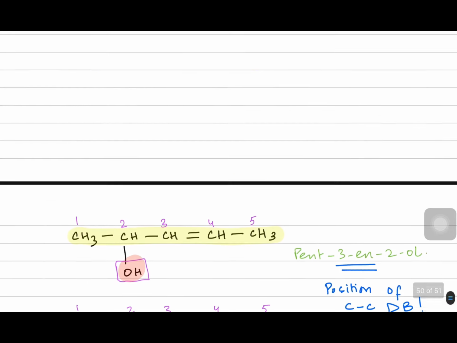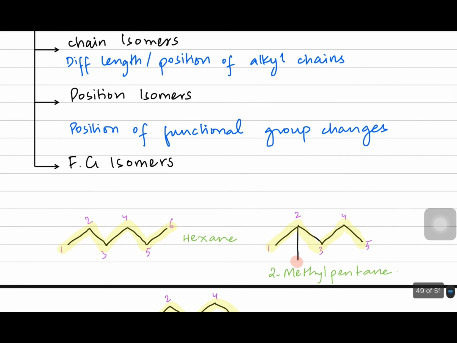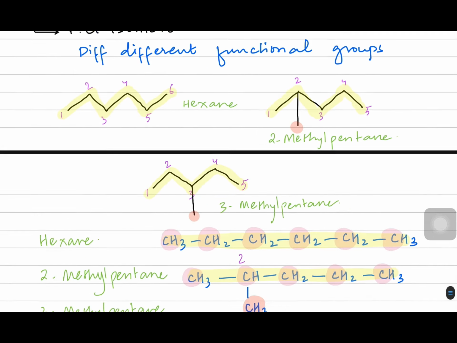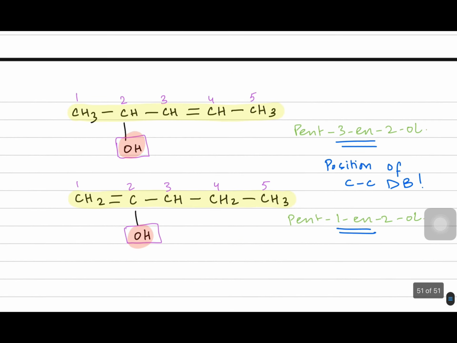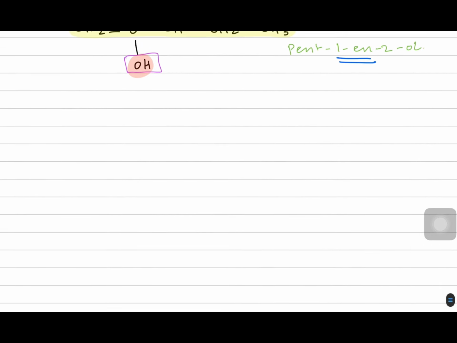Let's go back to explore our third example, which is the functional group isomers. They have different functional groups. Let me give you a very simple example. In one of the previous videos, we talked about carbonyl compounds, which were aldehydes and ketones.